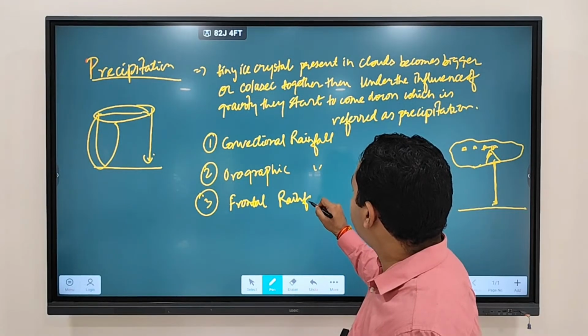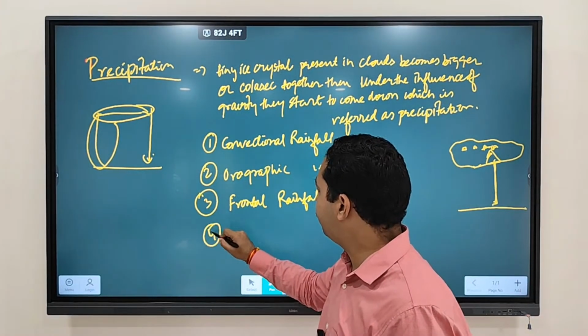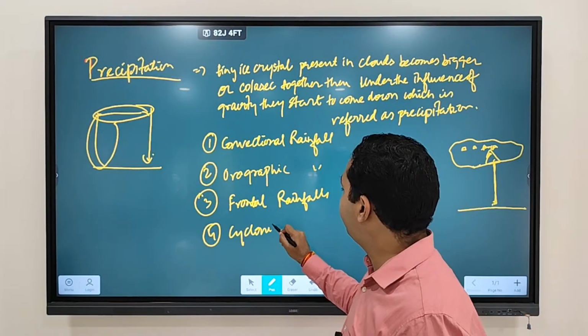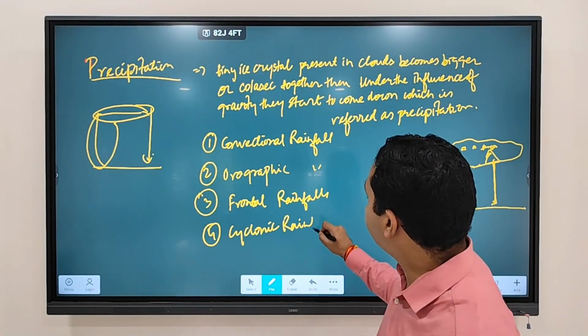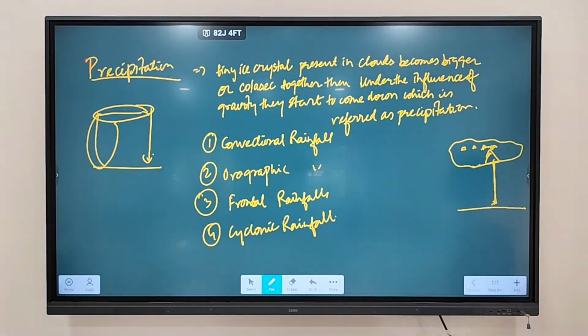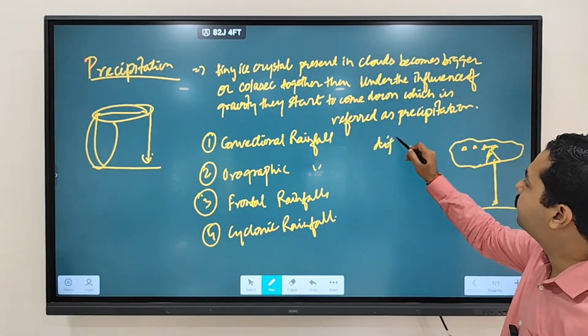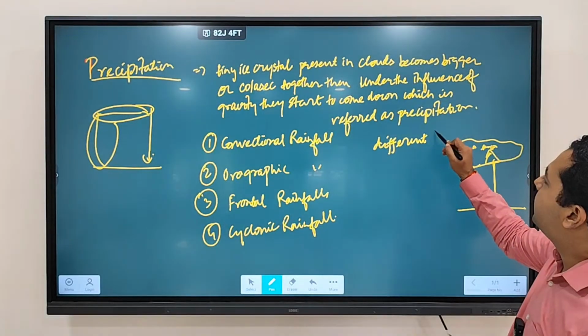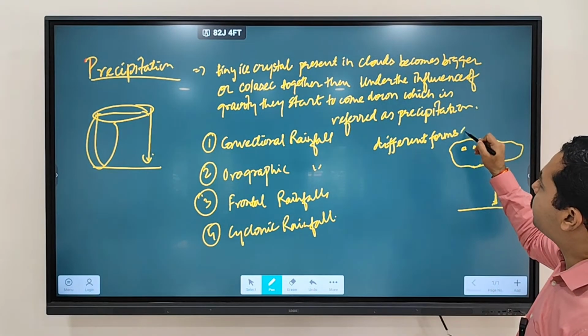Fourth is referred to as cyclonic rainfall. Different types of rainfall you can observe: convectional, orographic, frontal, cyclonic rainfall. And different forms of precipitation can be there.